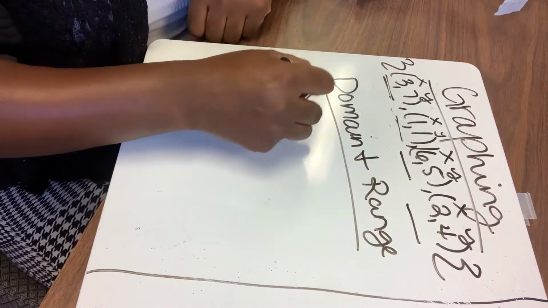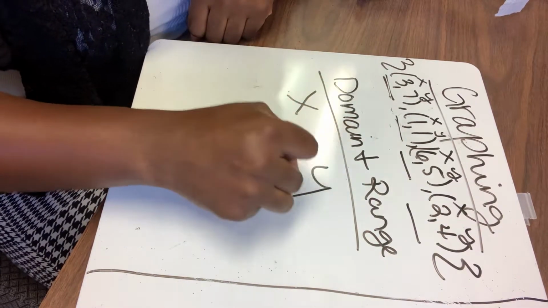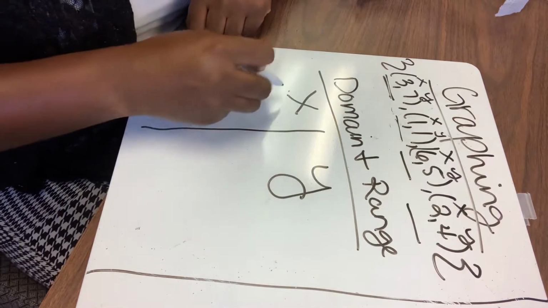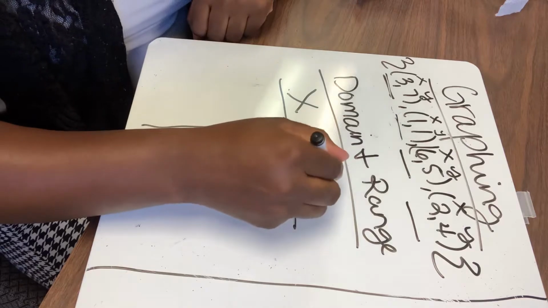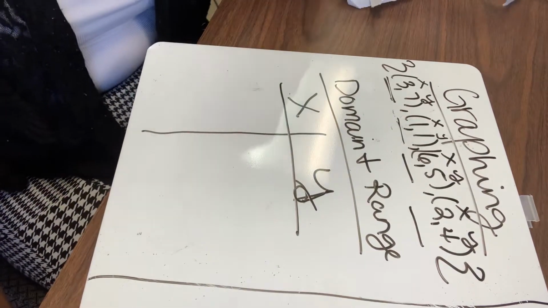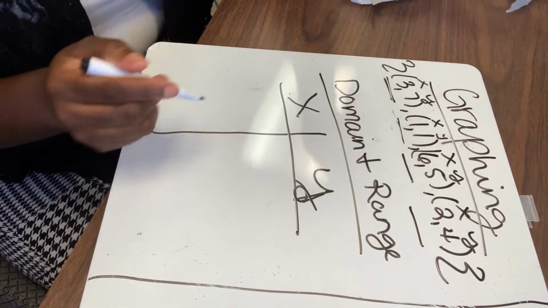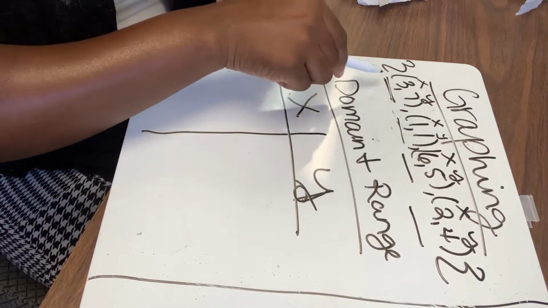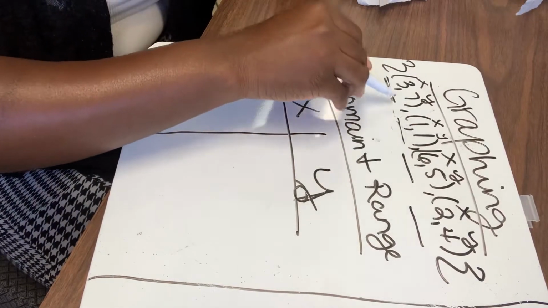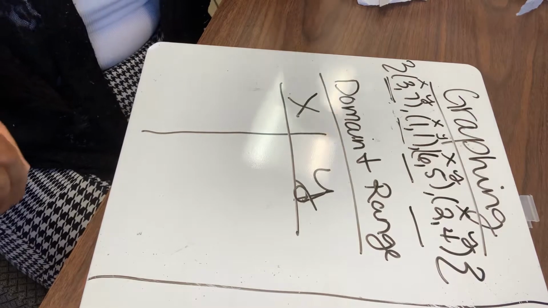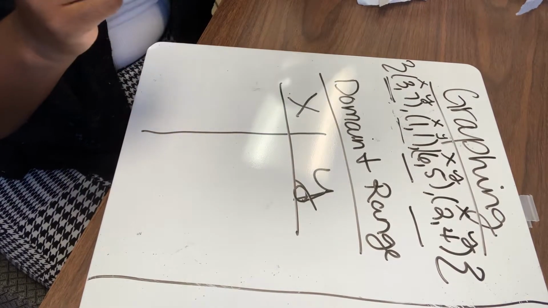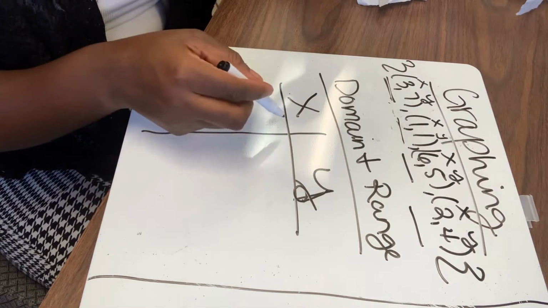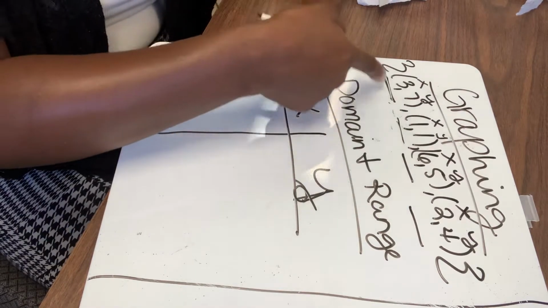Your domain is your x values, your range is your y values. Right here, like I told you guys, an ordered pair is always x, y. That's just how it is written. So your job is to find the domain and range of all of these numbers here.